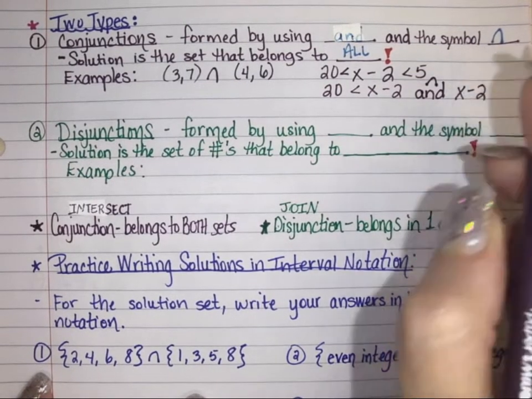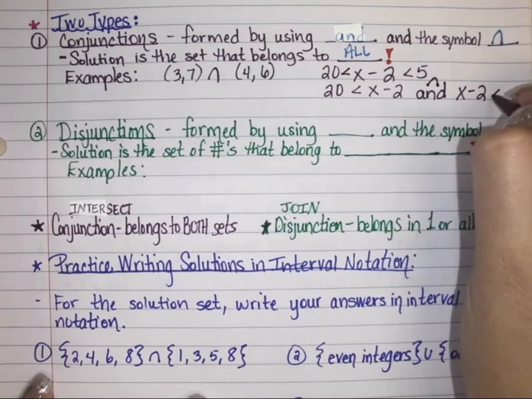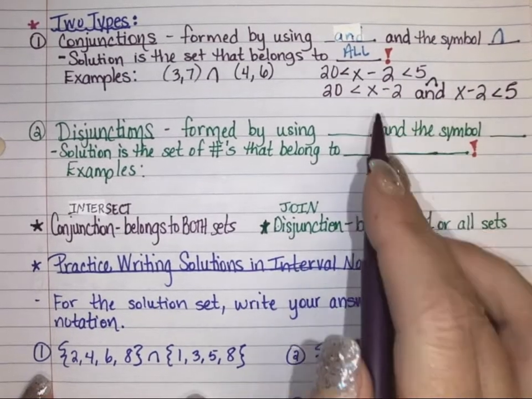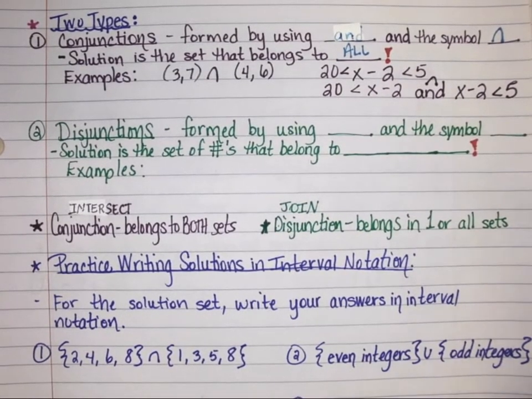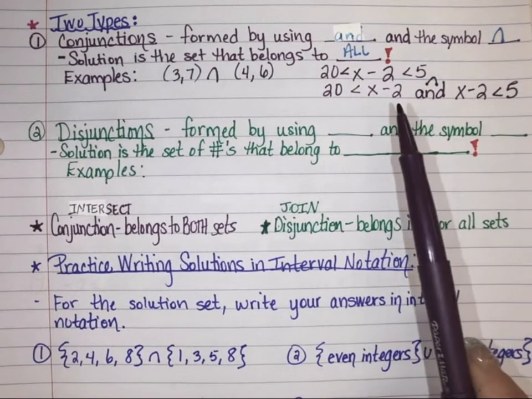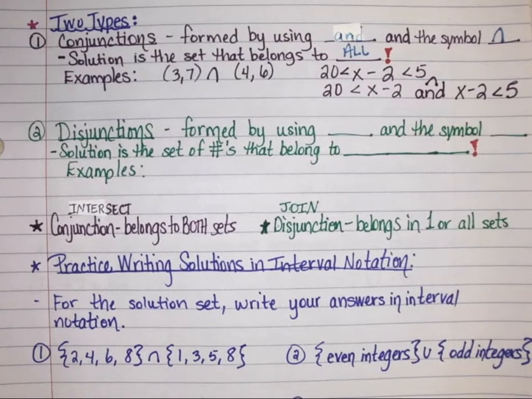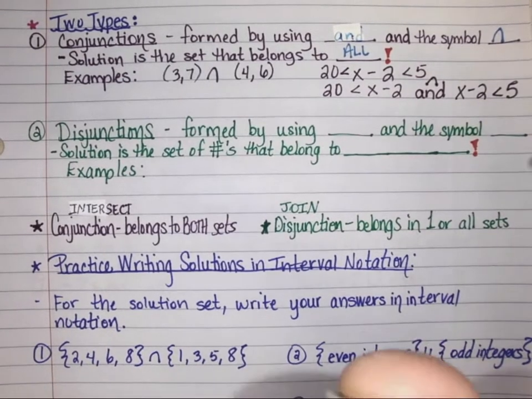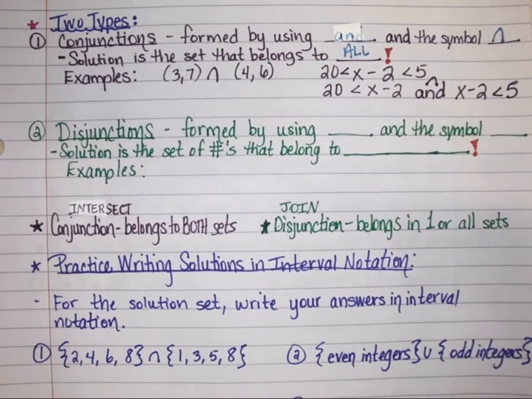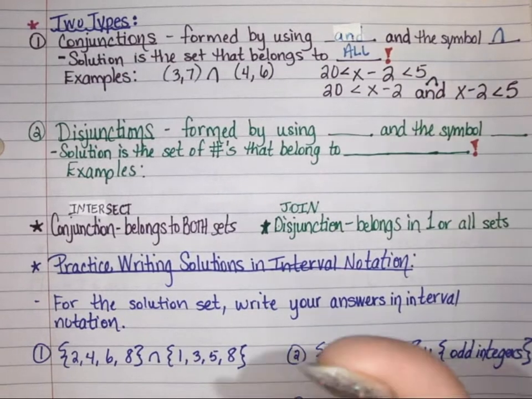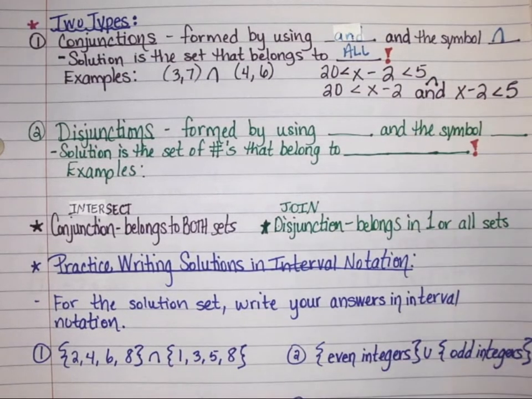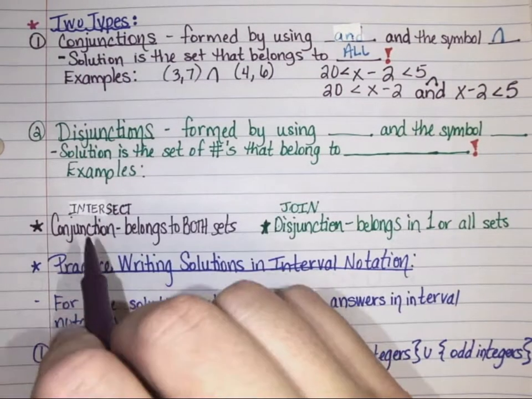Then take the middle part and make an inequality with the right side. So then you would carry on further. We're going to be solving inequalities like this, except we're going to have multiple at one time. So the first thing we need to do is go over how you take 2 or more solution sets and make them into one using conjunctions and disjunctions.